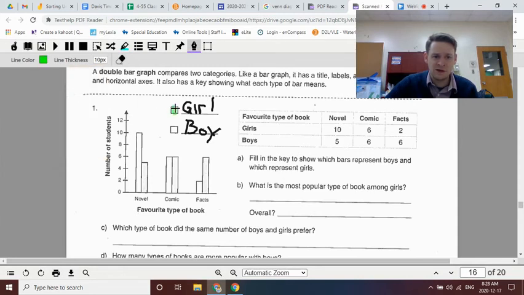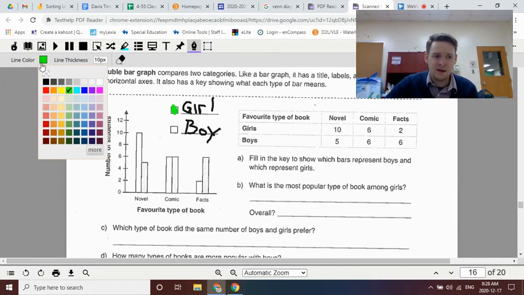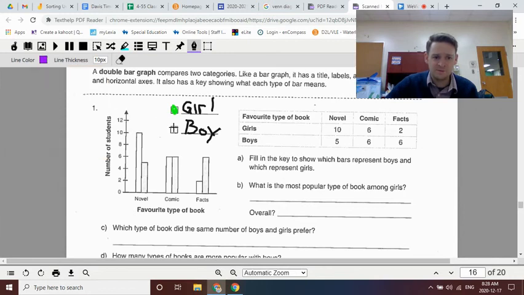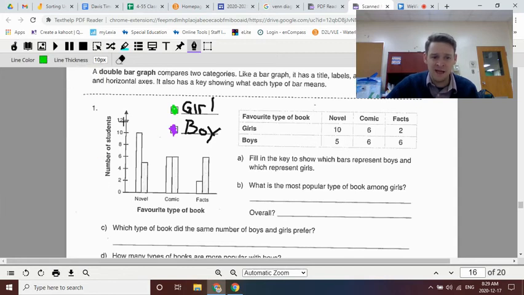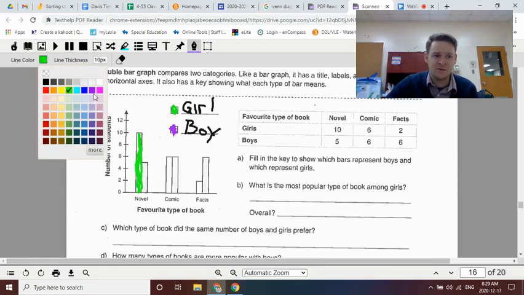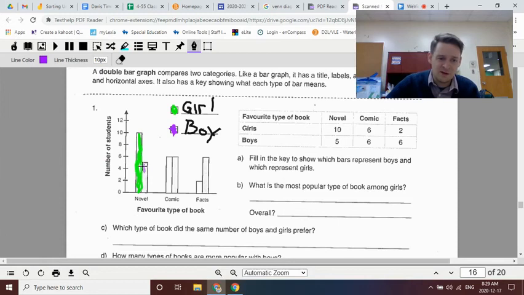Girls, I'm going to choose green, and boys, I'm going to choose purple. And then you would color your graph, and you want to make sure you get the right data. So novel, 10 girls liked, good. So it looks like the first bar is going to be for girls. So you're going to color that in, and the second bar for each type of book is going to be the boys bar. And your double bar graph can look nice and sharp like that.